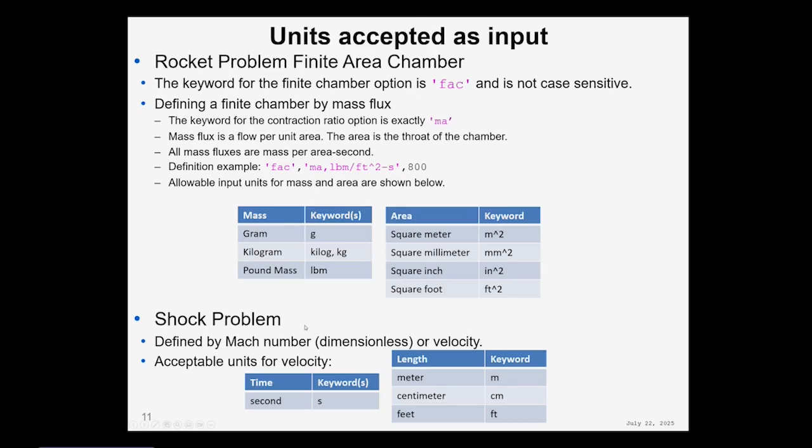Shock problems have two inputs. Mach number is dimensionless. Velocity does. So for velocities, again, we're looking for a length per time. The time's always going to be seconds. And the length is going to be, these are the acceptable lengths that CEAM will recognize and convert properly for the calculations.